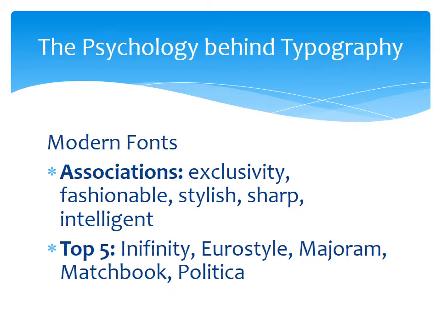The top 5 include Infinity, Eurostyle, Majorum, Matchbook, and Politica. These you're not really going to find on your word processor. They're usually ones that have to be bought and paid for that I'm aware of. That kind of goes back to the exclusivity part of it, I suppose.